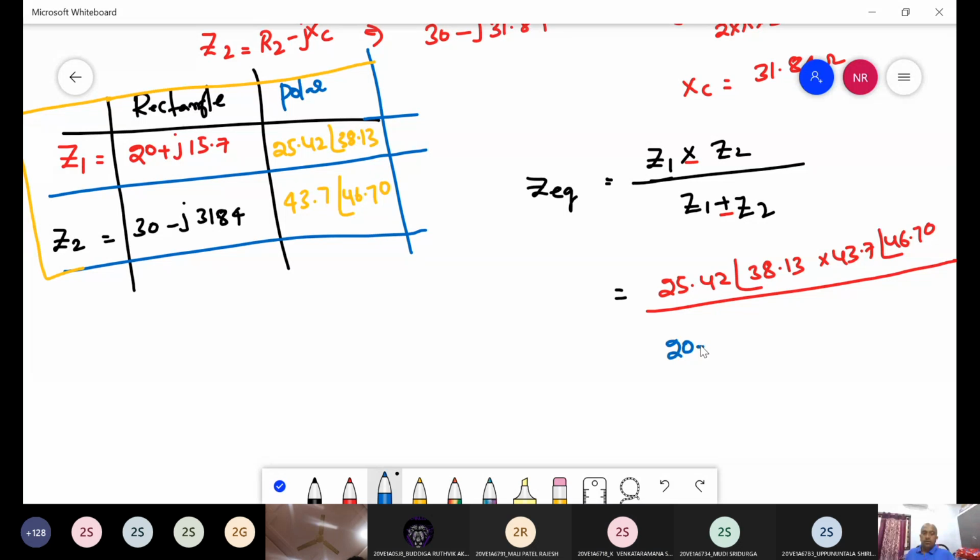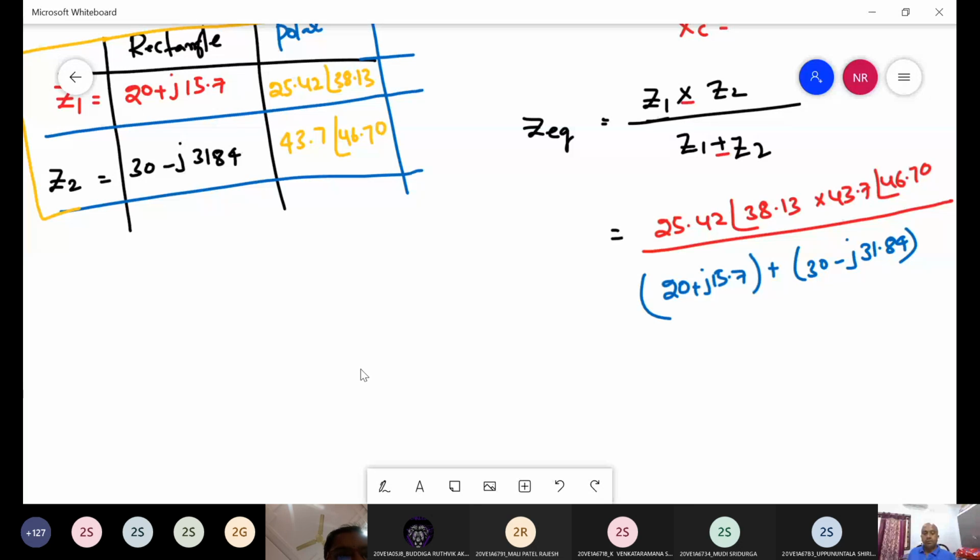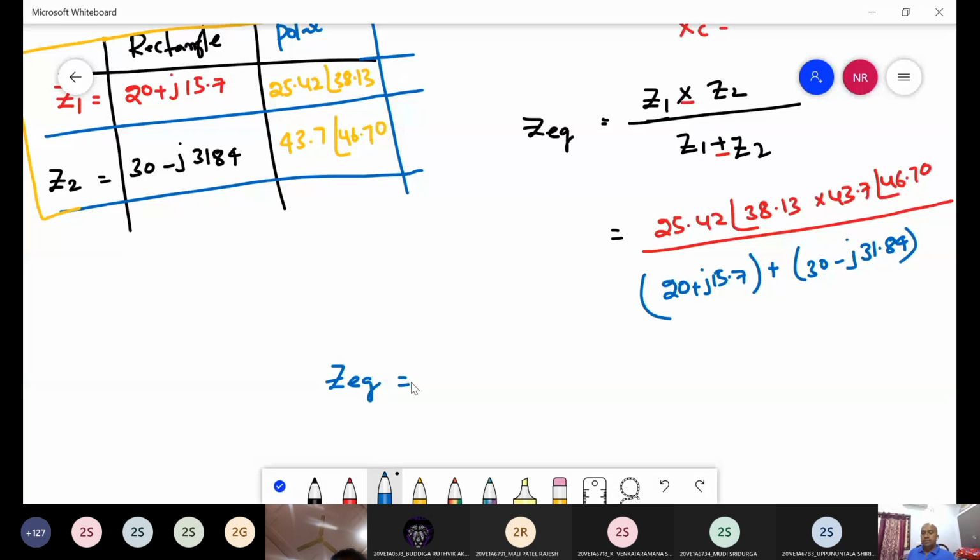So that is 20 plus j 15.7 plus 30 minus j 31.84, right? Z equivalent.